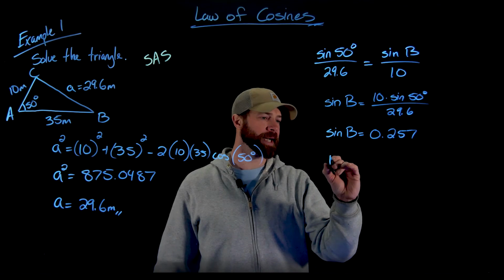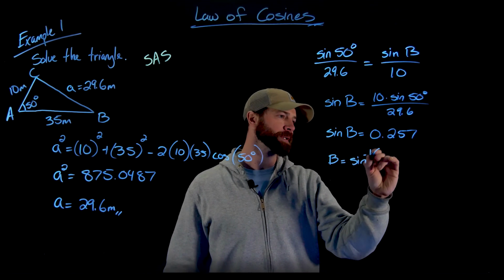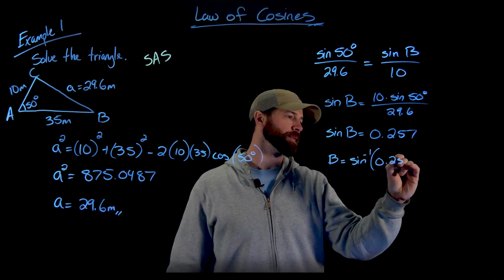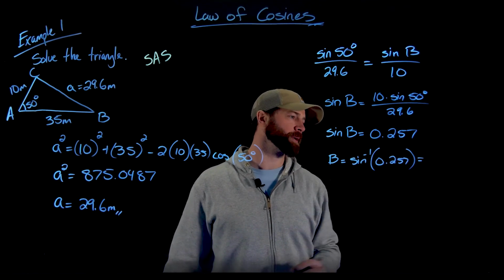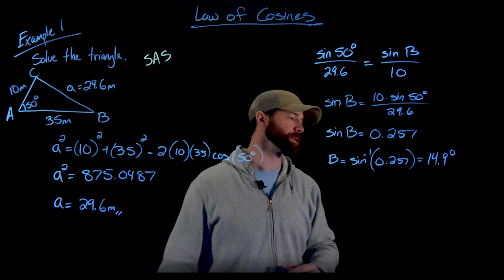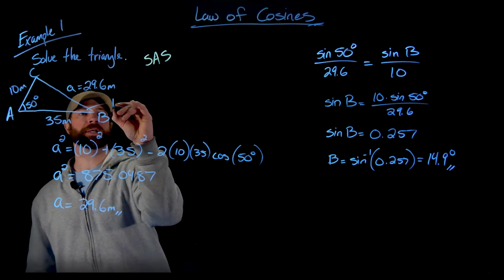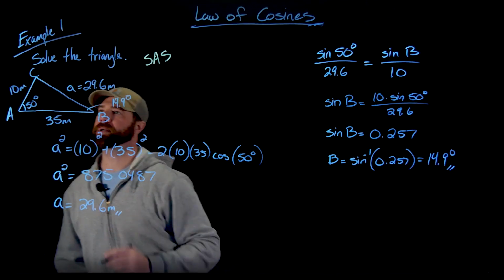Then applying the sine inverse gives me that B equals the sine inverse of 0.257. And when I calculated that, I got 14.9 degrees. So again, that gave me my angle B right here, which is 14.9 degrees.